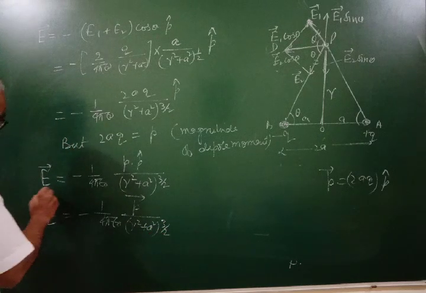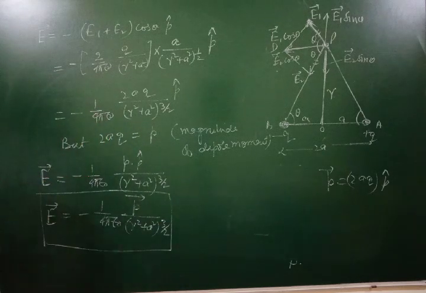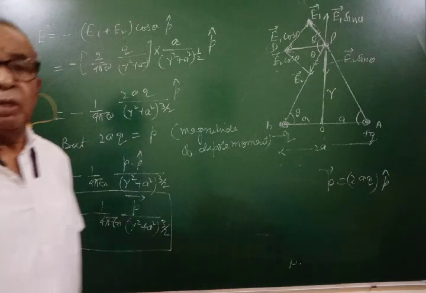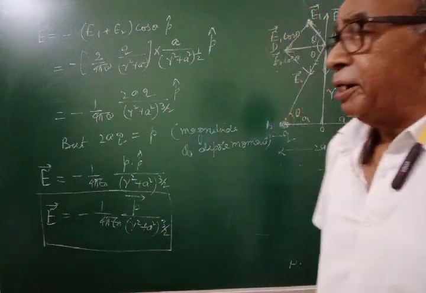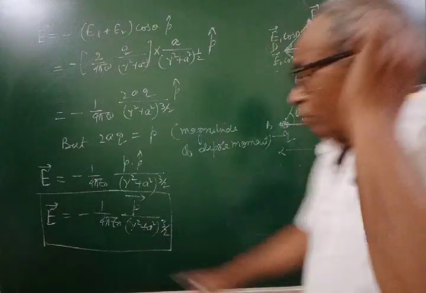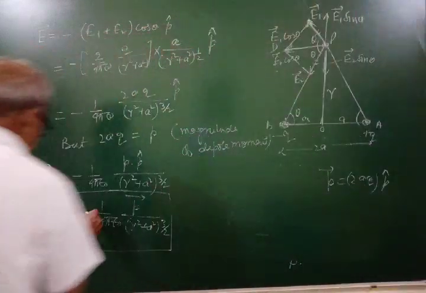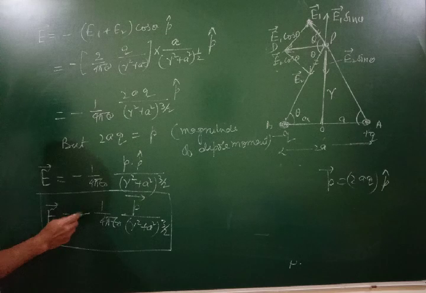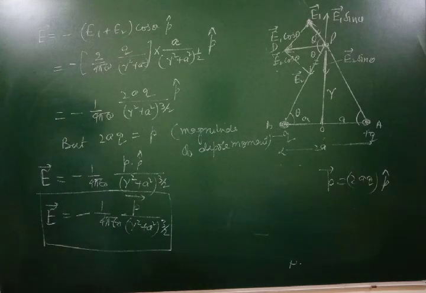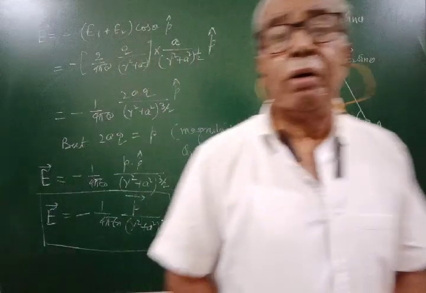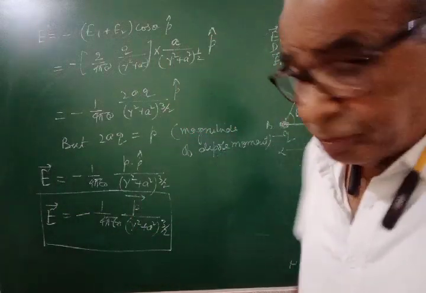This is the electric field due to dipole at any point in the equatorial plane. I remember 2 times it has been asked, write in vector form. What is this minus sign indicating here? This minus sign indicates that vector E and vector P are anti-parallel.